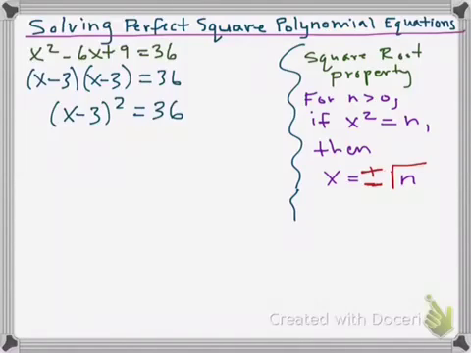The square root property says for any number n greater than 0, if we have a value squared equal to that number, then we can isolate that value so that it doesn't have a square anymore, as long as we take the square root of the number on the right side and also do the positive and negative of that number.